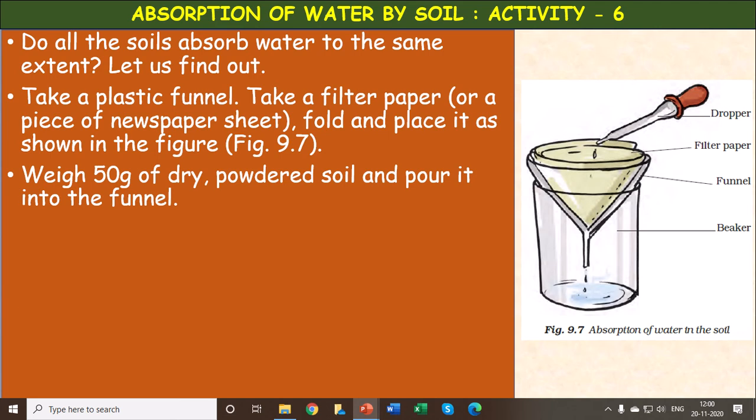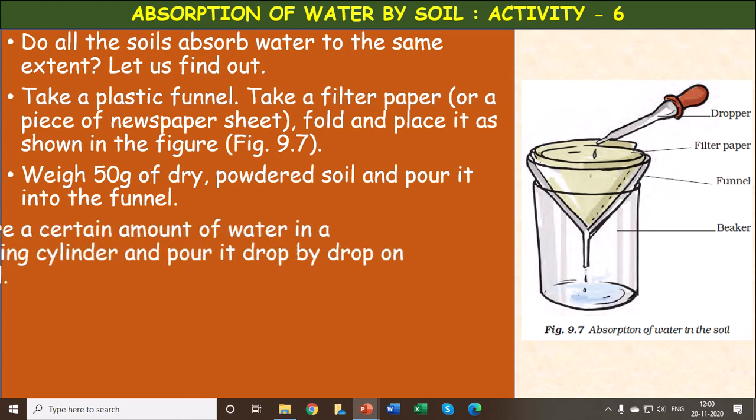Then you have to weigh 50 grams of dry soil. In your laboratory, in order to weigh small quantities, an analytical balance will be there. With the help of that analytical balance, weigh 50 grams of dry powdered soil and pour it into the funnel.